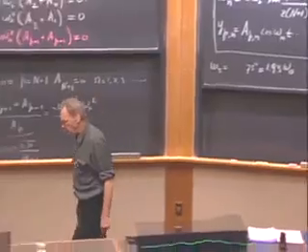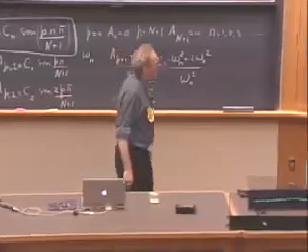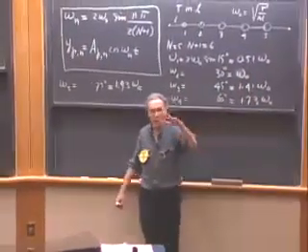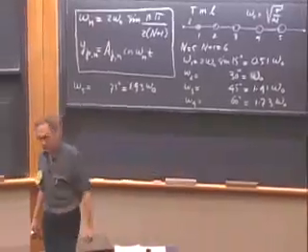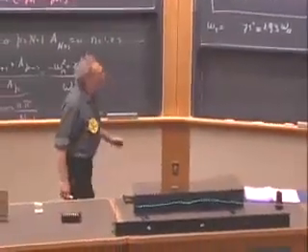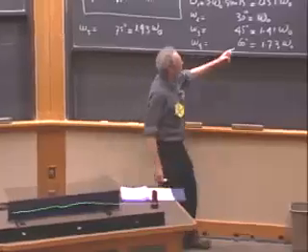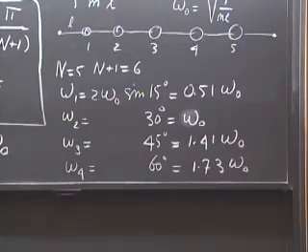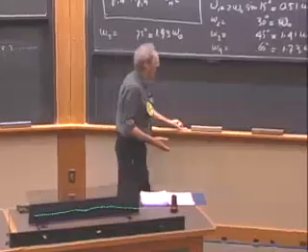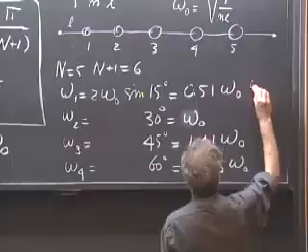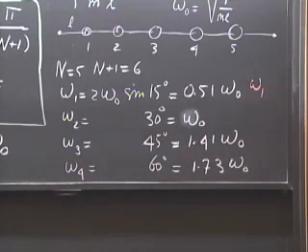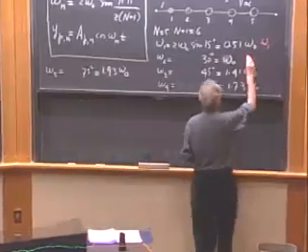What I want to concentrate on, because that's part of the demonstration, is not so much the meaning of omega 0. It's just some arbitrary thing that I have called omega 0. But I want to concentrate with you on the ratios of the higher frequencies to the lowest one. And so I call the lowest one omega 1. Simply call this omega 1. If that one is omega 1, then the next one is 1.93 omega 1.